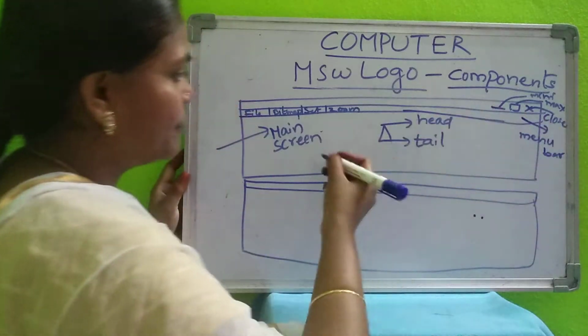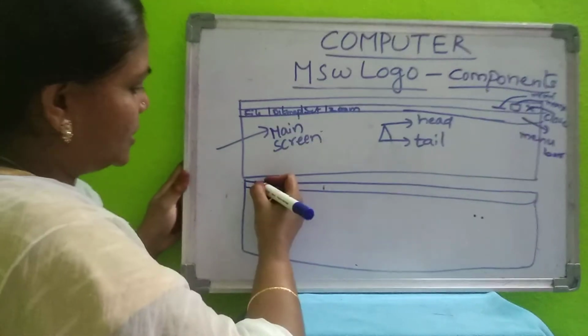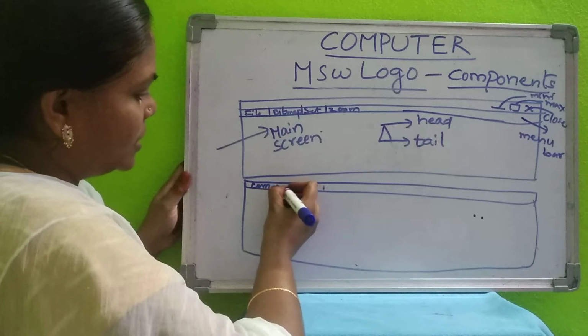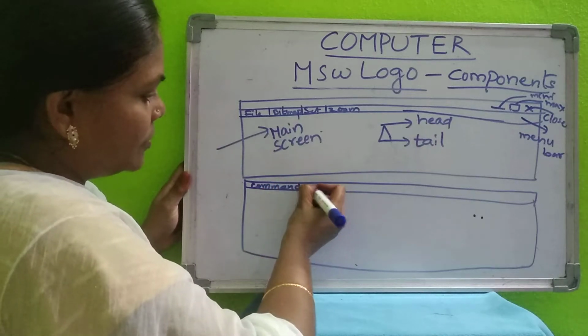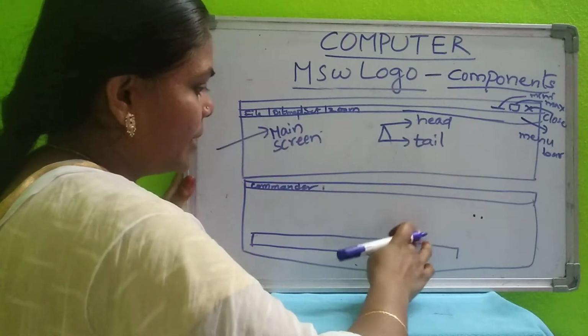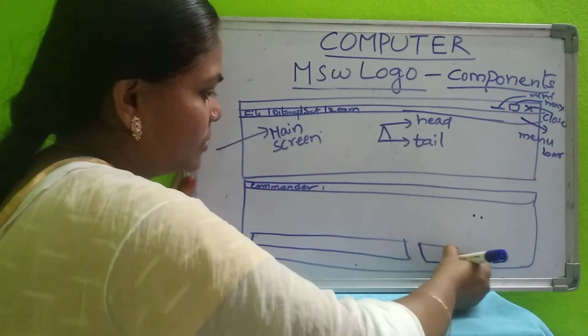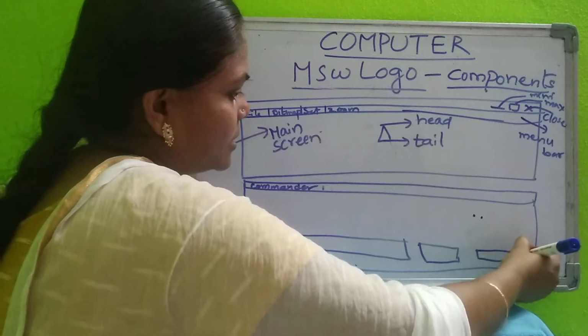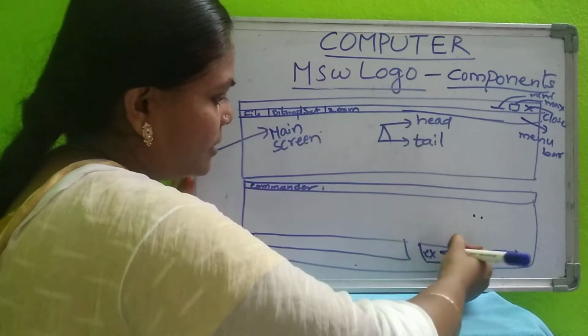Next, here we have the commander window. In this commander window, we give the commands in the input box. Here we have two buttons, execute and EDR.